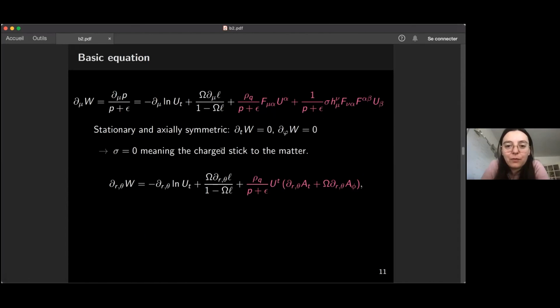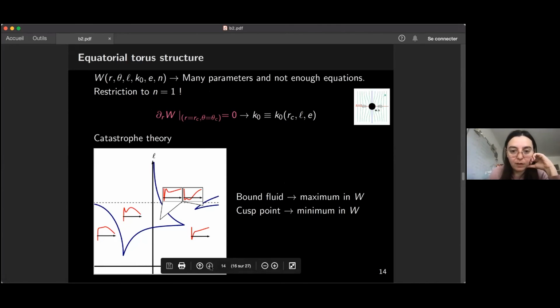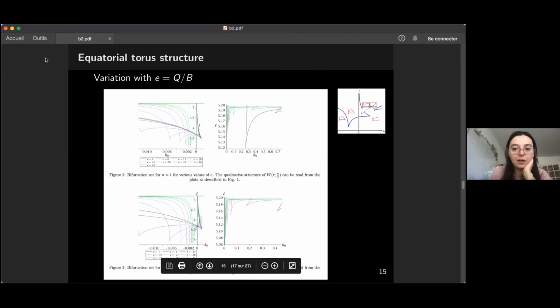For the first one, at least with L equal to constant, we only get the double tori. We didn't find any possibility to have more. This plot is made for different values of E, to have the different behavior.